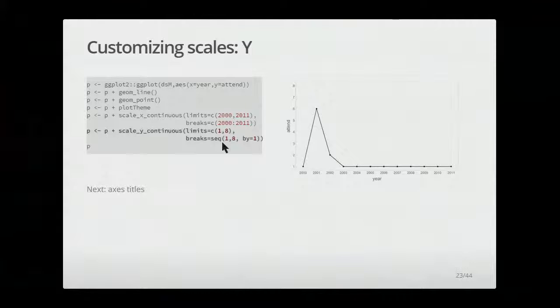And also the breaks could be specified with a sequence function that reads as follows. It says create the sequence that starts with 1 and continues until 8 and increases by the increment of 1. Right, so if you want to change, for instance, the origin or the interval in this function, you can modify it accordingly, and this is what you get.